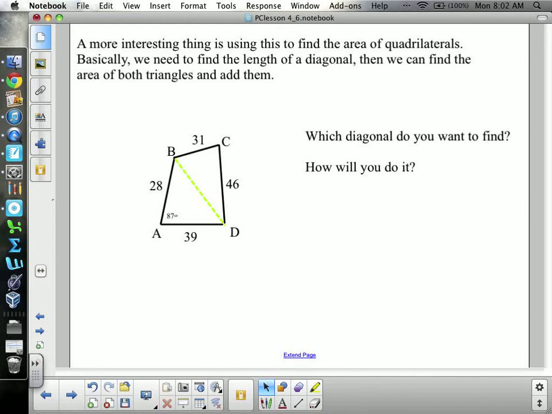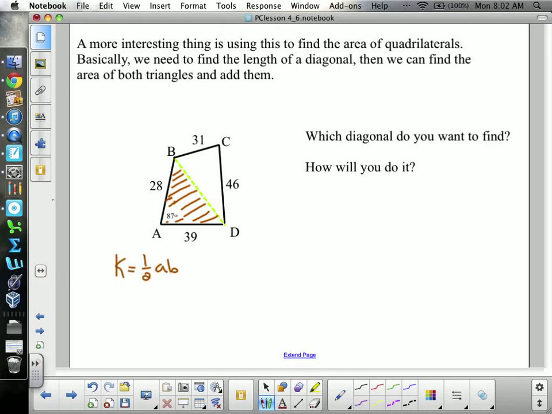Now, fortunately for us, finding the area of this triangle here, we go back to yesterday's formula. We get the idea. That's the general formula. Oh, this is A over here. Doesn't really matter.